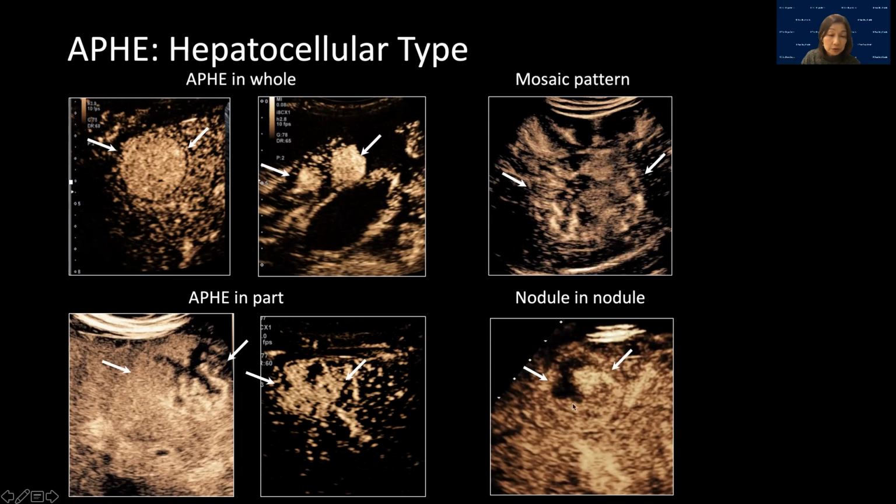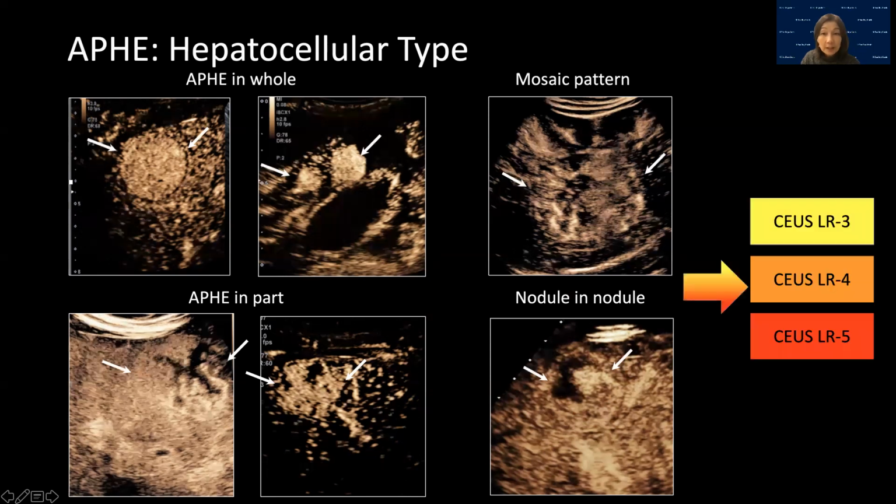And then nodule in nodule, these are HCCs developing in dysplastic nodules. So these are hepatocellular type AFI, and these nodules will be categorized into LIRADS 3 or 4 or 5, depending on the size and the presence of washout.